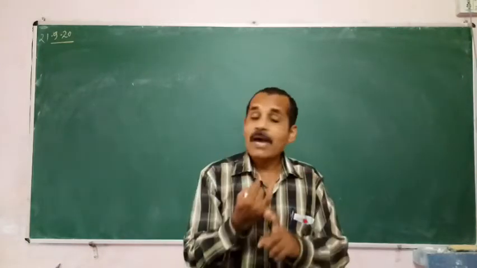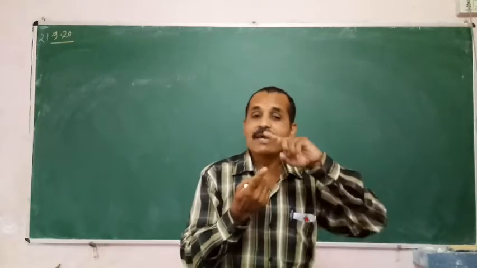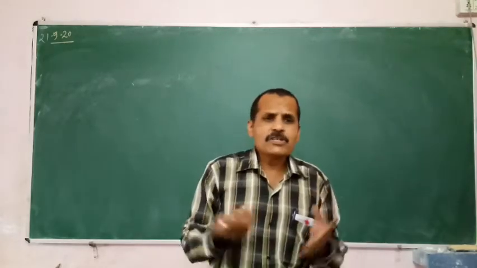That means it may be a parallelogram, it may be a rectangle, it may be a square, it may be a rhombus. How to differentiate?